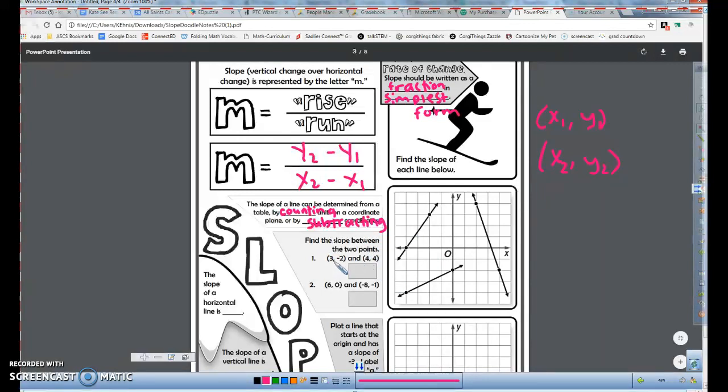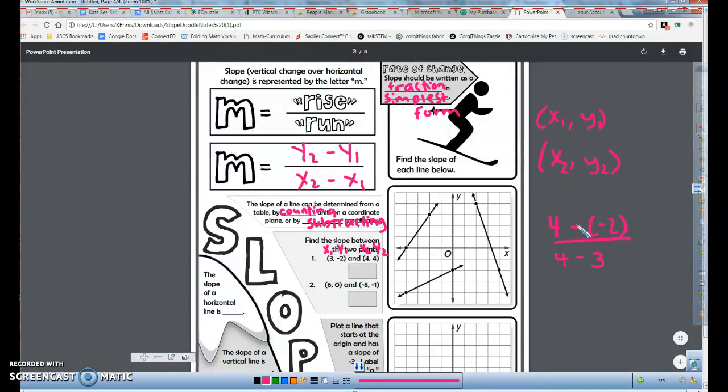We have 3, negative 2, and 4, 4. So if I set up my equation, y2 minus y1, you can label these points. So this might be my x1, y1, x2, y2. So I'm going to take y2, 4, minus that negative 2, over 4 minus 3.